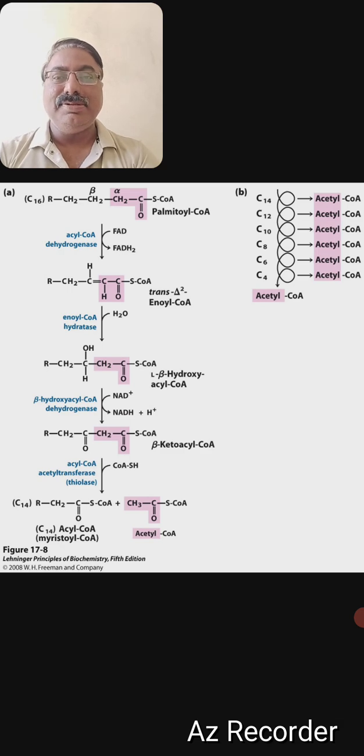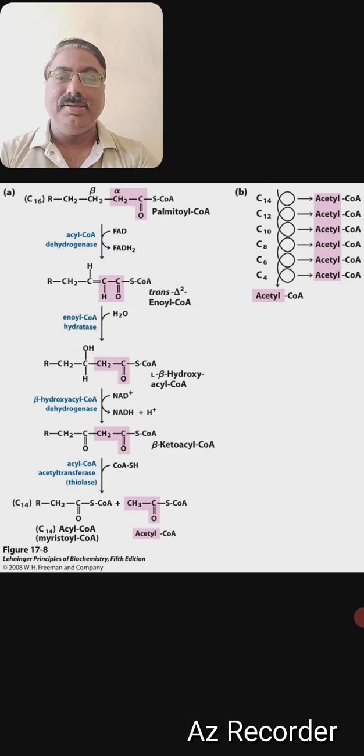In trans, they are present on opposite sides. So here you can see the double bond is formed between the alpha and beta carbon atoms, and hydrogen atoms are removed, one from alpha and one from beta carbon atom, and that's why the product formed is trans delta 2 enoyl CoA.